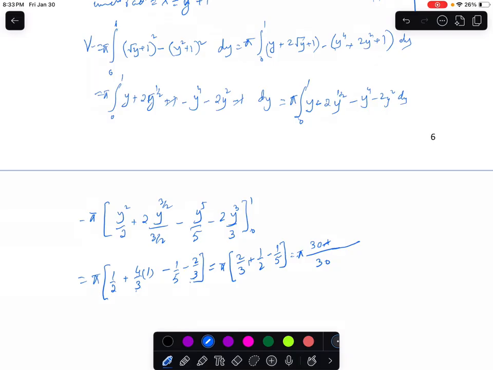Plus 1/2, so 30 plus 40 minus 12. So what does that give me? 30 plus 40, 70. 70 minus 12 over 30, which is equal to 58 over 30 pi.